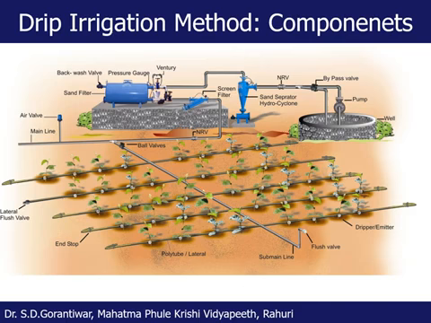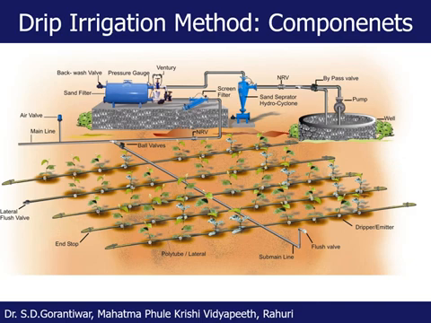All these subunits will be connected to the main pipeline. Water will come from the main pipeline, and then from the main pipeline water will go to the subunit. At any particular time it is quite possible that we have to irrigate only one subunit, so the ball valve will be open for that subunit, and for the rest of the subunits the ball valves will be closed.